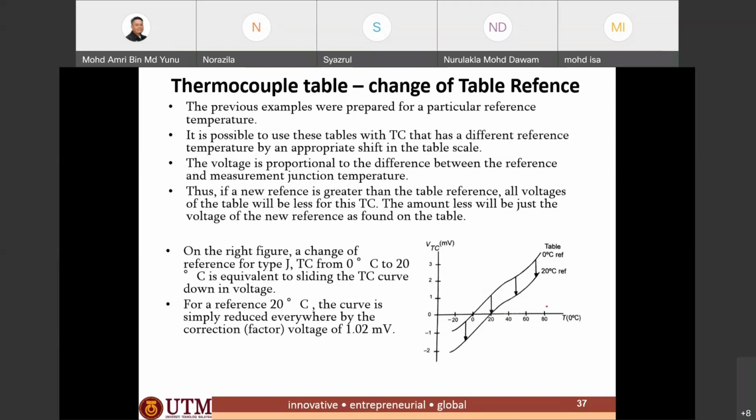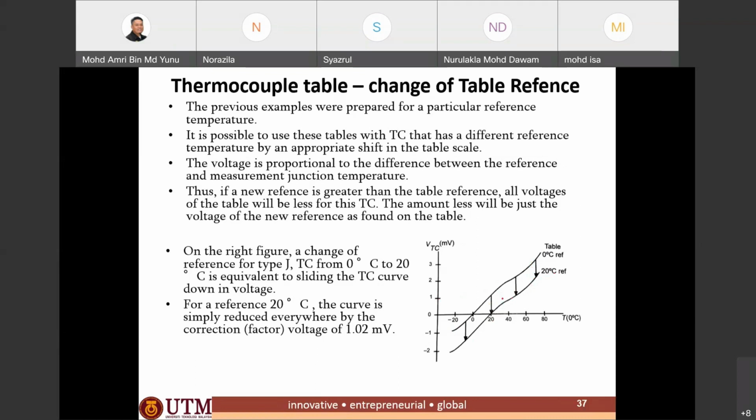If there is an increase in the reference temperature, for example, this graph on the bottom right shows how the output shifts or slides down when the reference value has increased to 20 degrees Celsius.